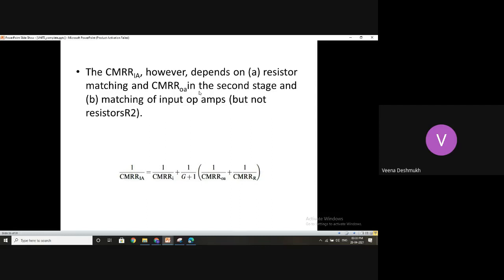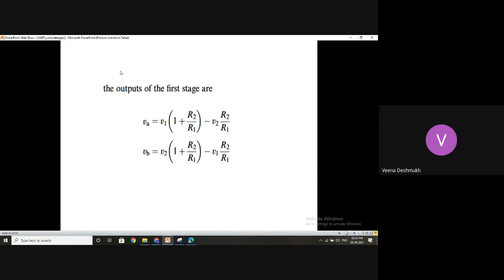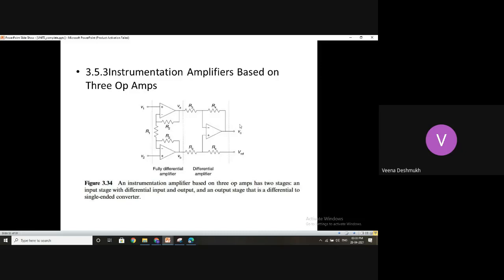So the CMRR of the instrumentation amplifier depends upon resistor matching and the CMRR of the output amplifier stage, that is, the second stage.